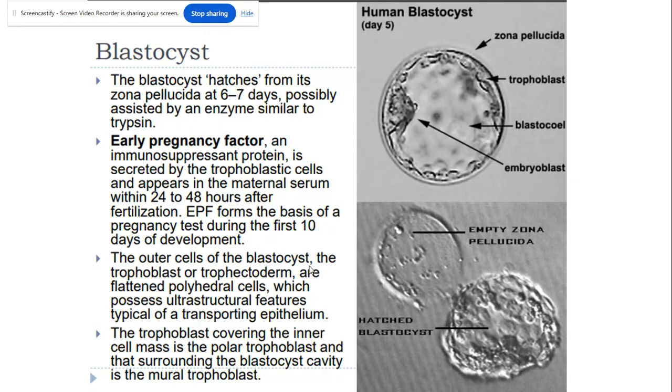Right, the outer cells of the blastocyst, the trophoblast or the trophoectoderm, are flattened polyhedral, which possess ultrastructural features typical of a transporting epithelium. All right? The trophoblast covering the inner cell mass is the polar trophoblast, and that surrounding the blastocyst cavity is the mural trophoblast.